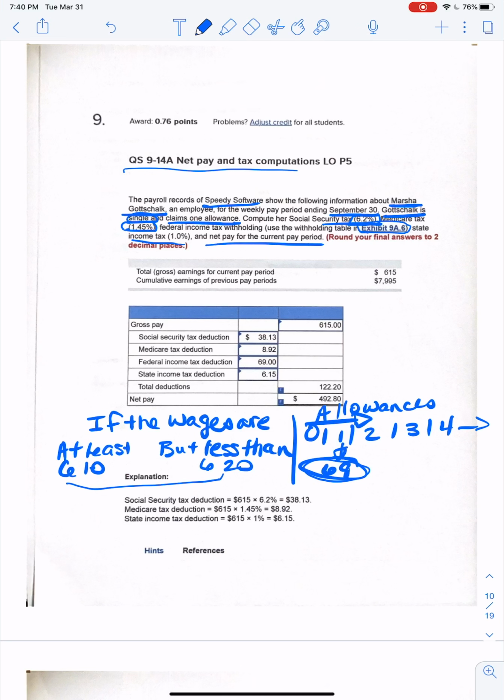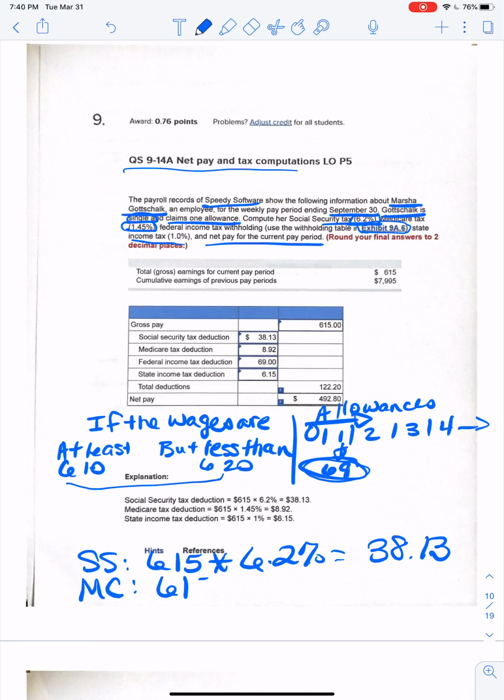So most of this is pretty straightforward. To get the Social Security, I'm going to take my $615 times my 6.2%, and that's going to give me $38.13. For Medicare, I'll take my $615 times 1.45%, and that will give me $8.92. And finally, for my state income tax, I'm going to call that SIT, so state income tax.